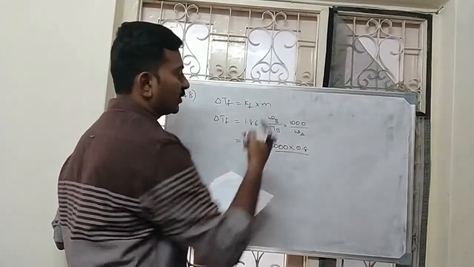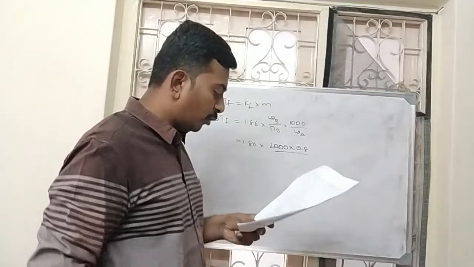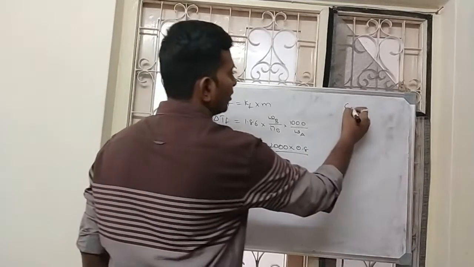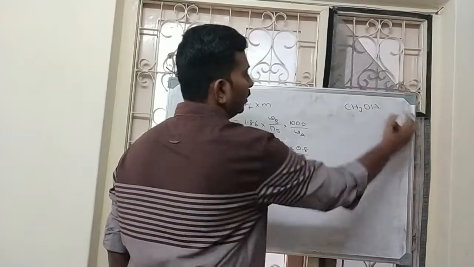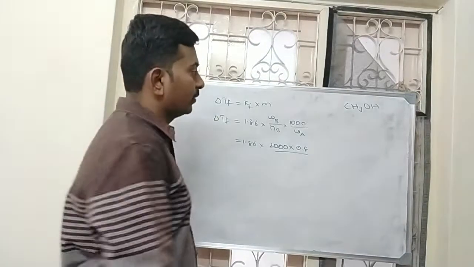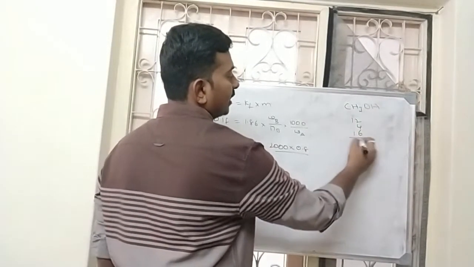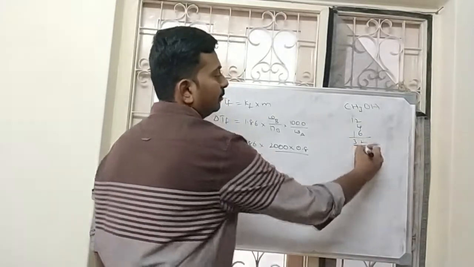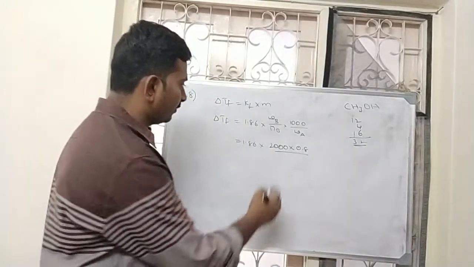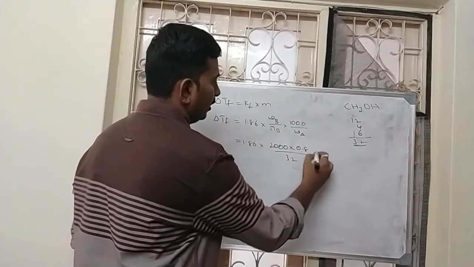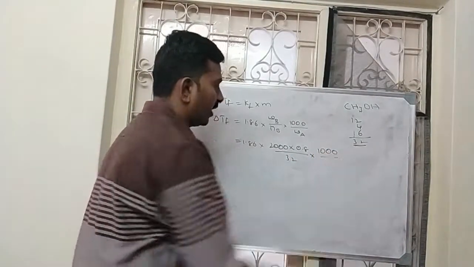This will be the mass of solute. And the molar mass of methanol: the formula is CH3OH, carbon 12, 4 hydrogens plus oxygen 16, so it will be 32. So the molar mass of methanol is 32, into 1000 by mass of water.